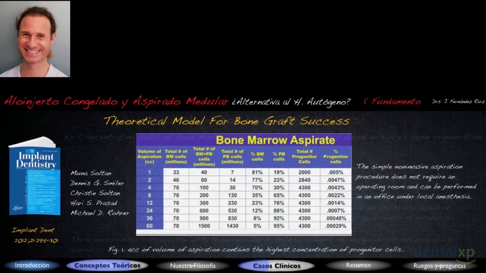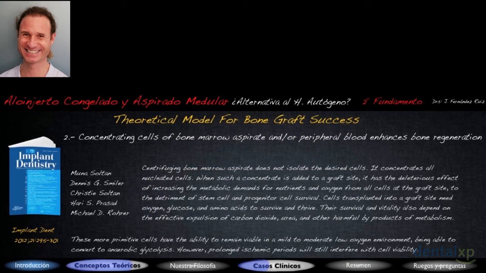And if we centrifuge the bone marrow aspirate, we will not isolate the desired cells. It will concentrate all nucleated cells. So the risk of death for these cells will be increased if we centrifuge, as well as the metabolic materials that will come out from the persistence of these cells in a reduced medium.